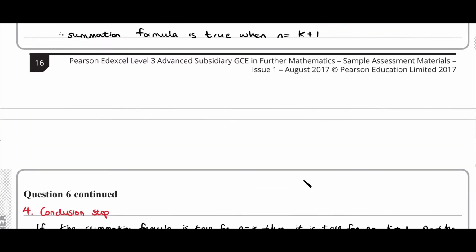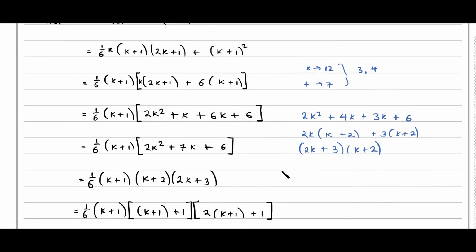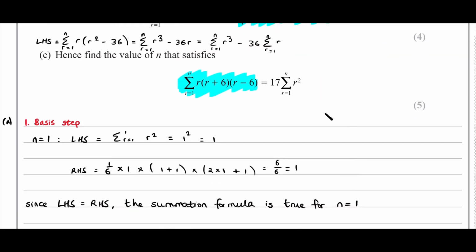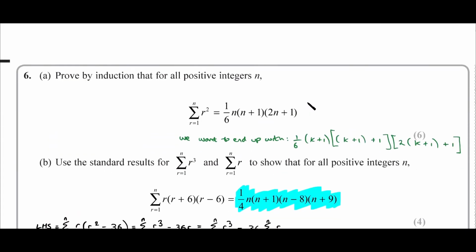Well, to do this, we already know, if we go back over here, that this left hand side is the same as this bit over here, and this bit over here is the same as this bit over here.